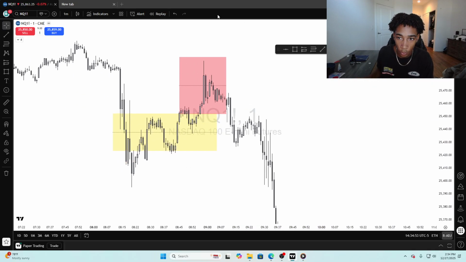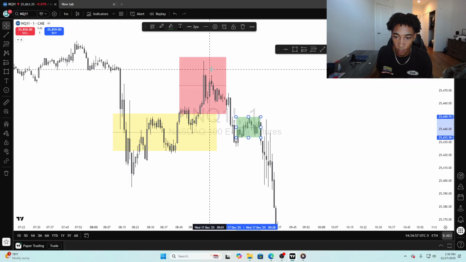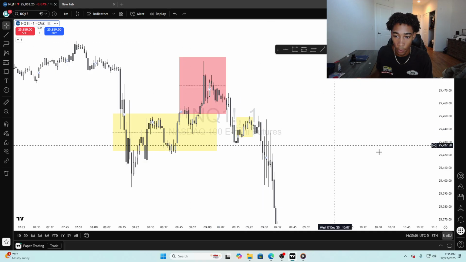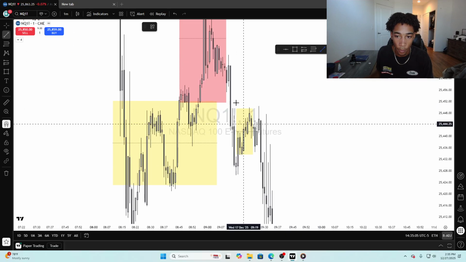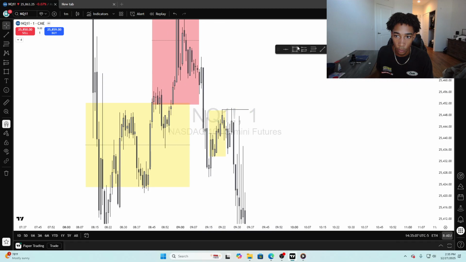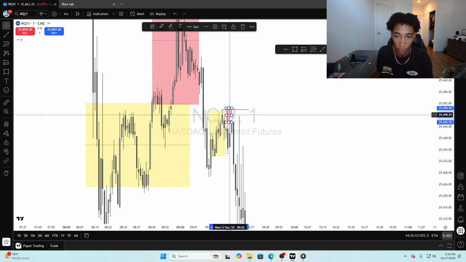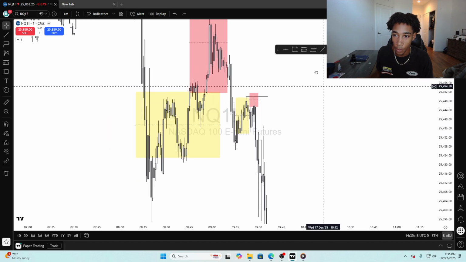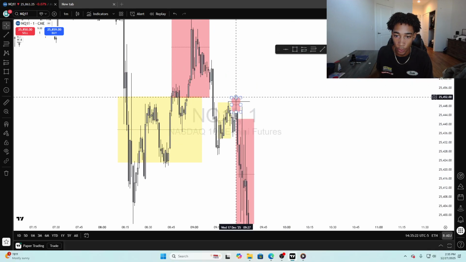So at this point, when we're looking at this, we see this bit of chop. You understand that this sweep right here to this gap is your 1 minute manipulation to this distribution. And notice how this swing high is protected.